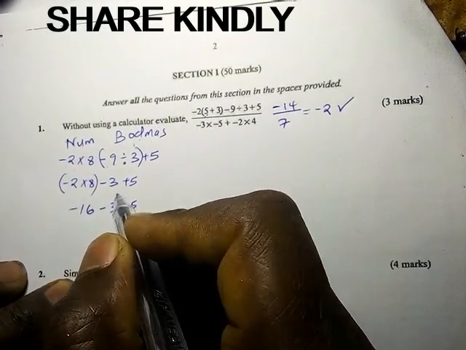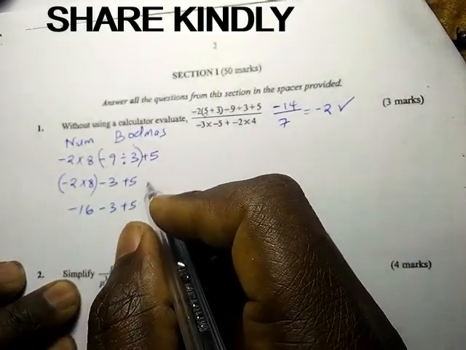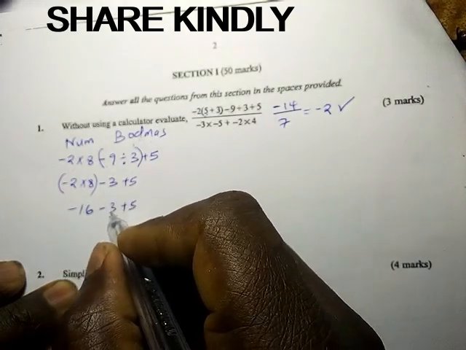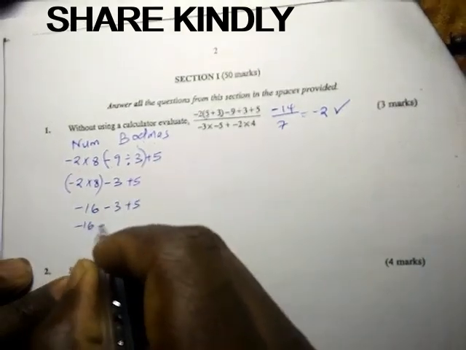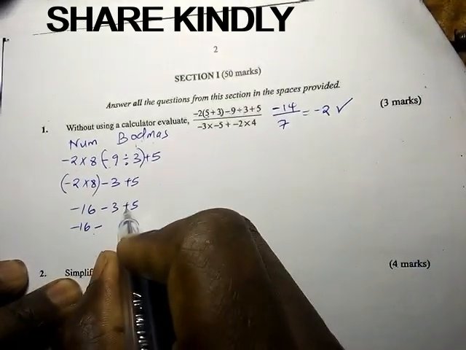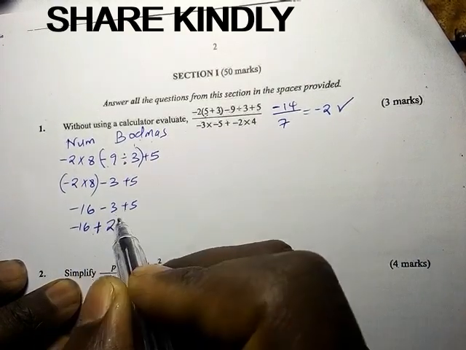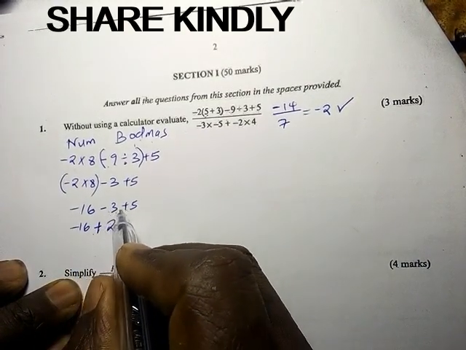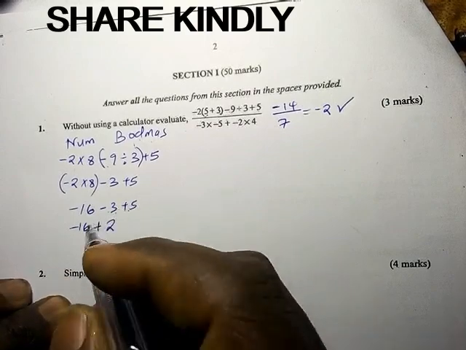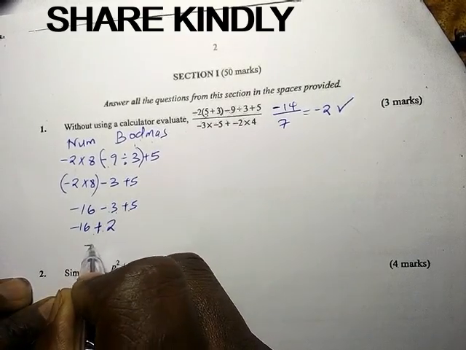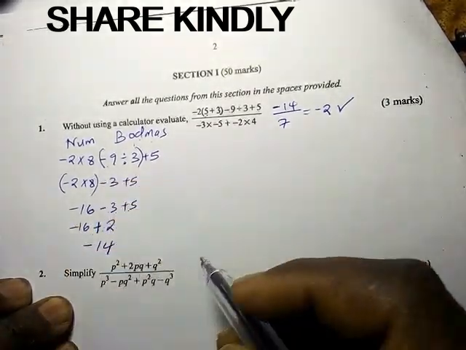Very good. The next one is addition. So we add this one, negative 3 plus 5, the answer is positive 2. Then negative 16 plus 2, and finally the answer is negative 14 in the numerator.